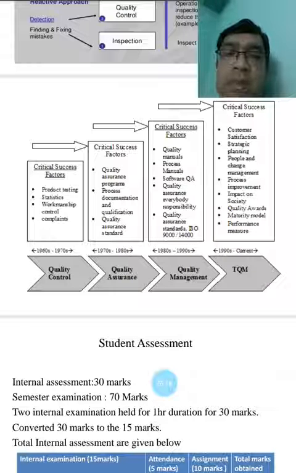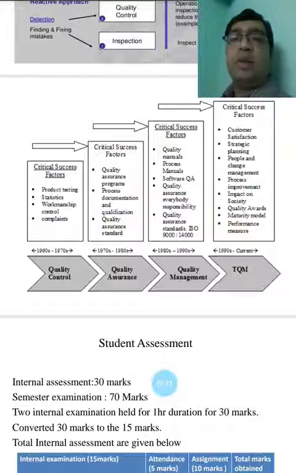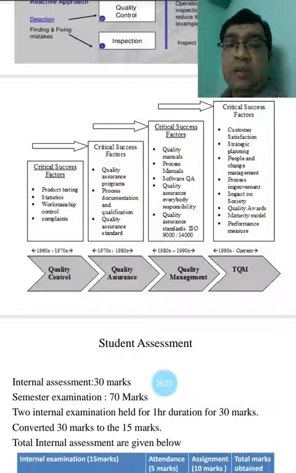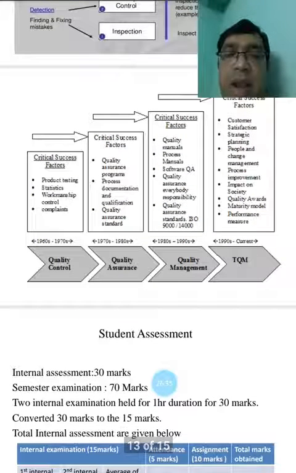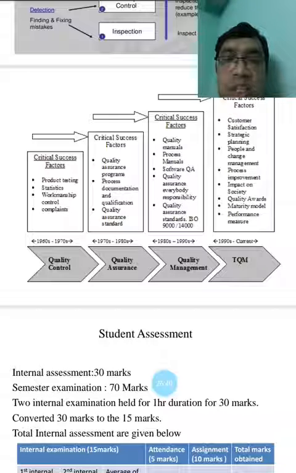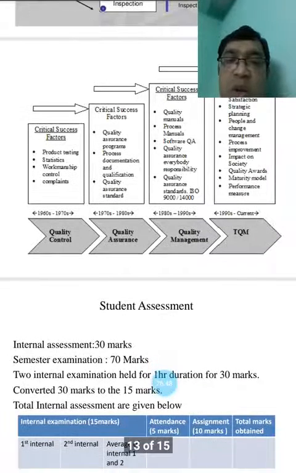And again the critical success factors considered from 1990 to current times are these. Customer satisfaction is the first case, the second is strategic planning, then people and change management, and also process improvement, and impact on society will be considered.